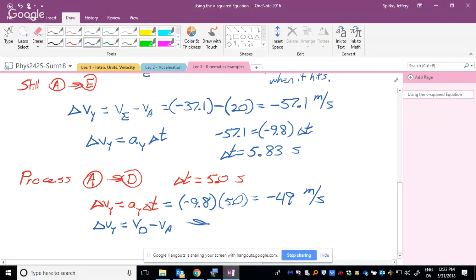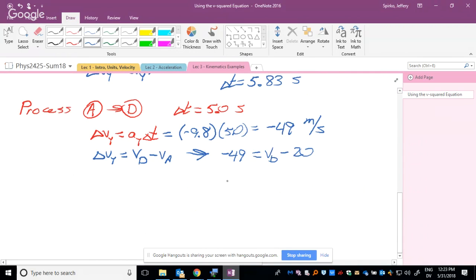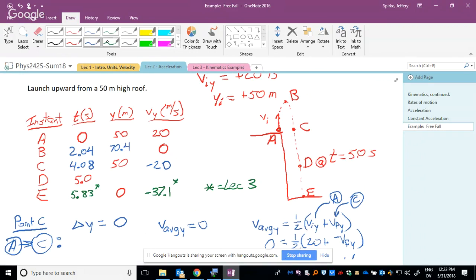And then negative 49 is equal to V at point D minus 20, so negative 29 meters per second is equal to V at point D. So now I can go back and fill in, apparently in green, negative 29 with a little star here.